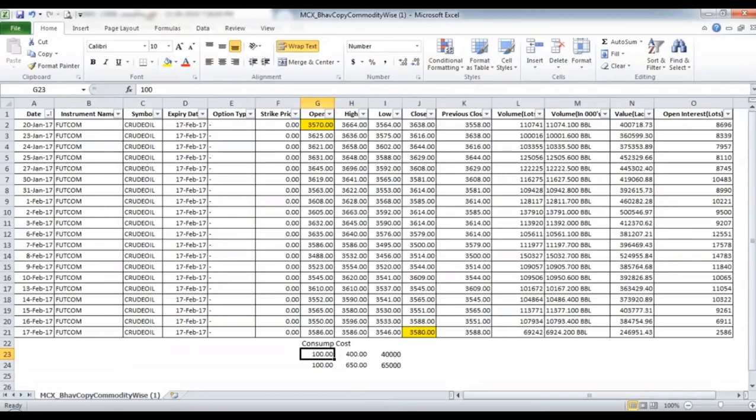Their consumption is 100, so they sell 100, equivalent to their consumption, of futures contracts at 400 rupees. Now say at the end of the month the fuel price went from 400 to 650 rupees, an increase of 250, right? So on these futures contracts they sold, will they not make losses?